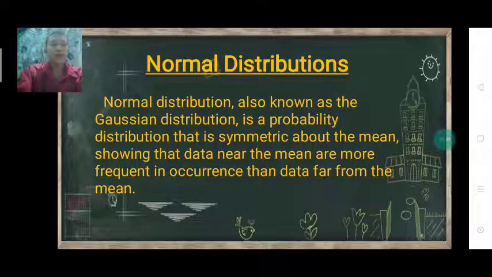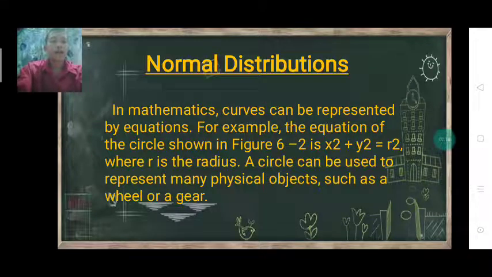Normal distributions. The normal distribution, also known as the Gaussian distribution, is a probability distribution that is symmetric about the mean, showing that data near the mean are more frequent in occurrence than data far from the mean. In mathematics, curves can be represented by equations.